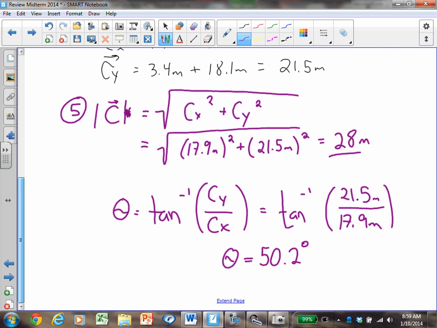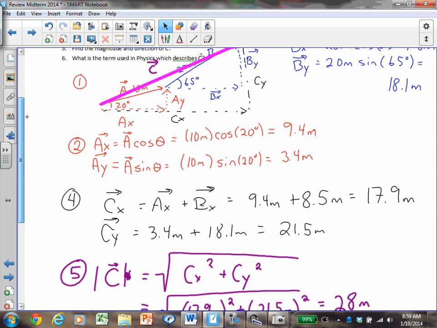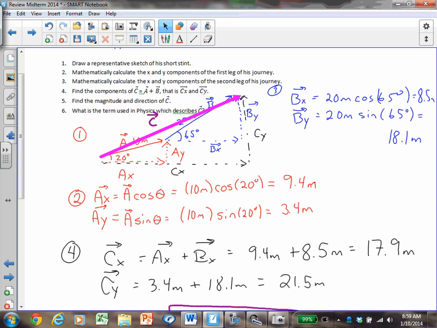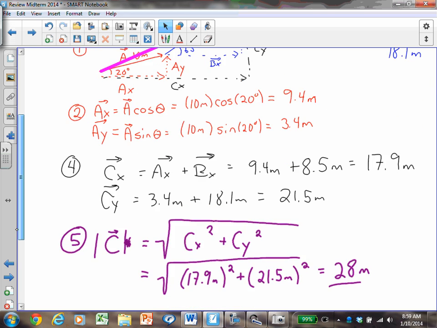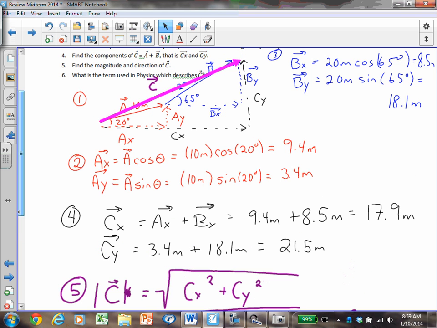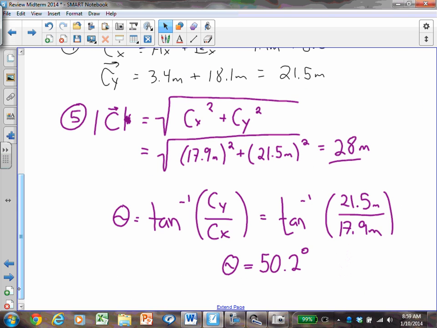So we could see our C here, and its length was 28 meters at an angle of 50.2 degrees.